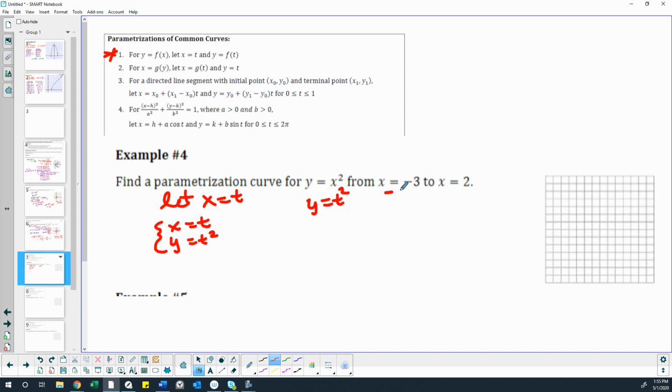But now we have a starting and an ending point for x. So let's plug that starting point in and find our starting point for t. And then we plug our ending point in for x and we find our ending point for t. So plug in to find start and end for t.